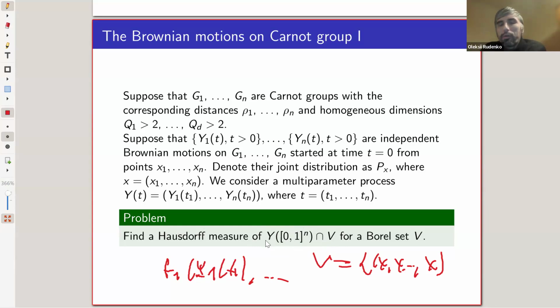Usually such questions are concerned with the range, or even the range of one process, not the range of multiple processes together. And intersecting with V exists only in cases when V is diagonal and only for very specific processes.